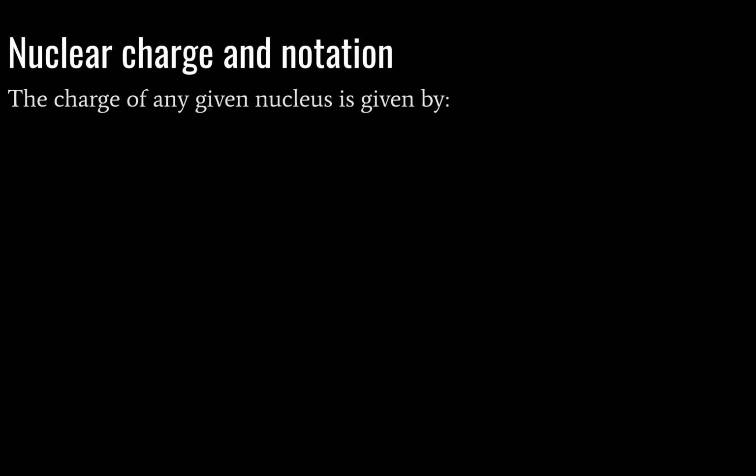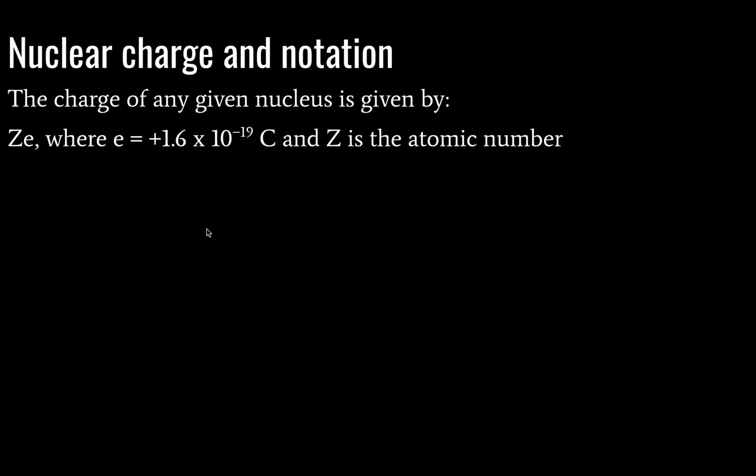So next up we have nuclear charge and notation. The charge of any given nucleus is given by Z times e, and recall that Z is the proton number. So we're multiplying the number of protons by the fundamental charge.